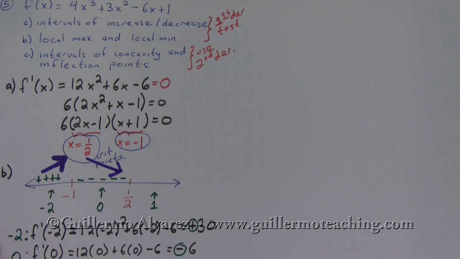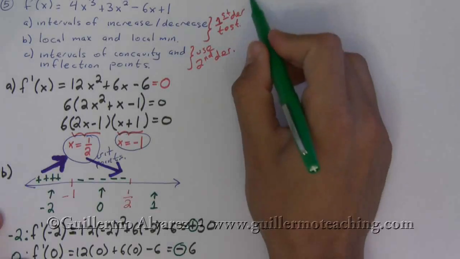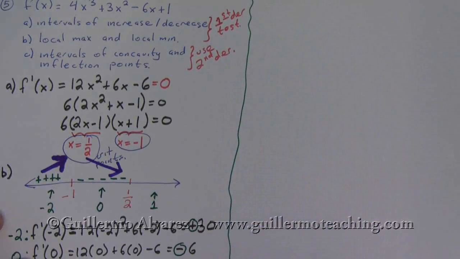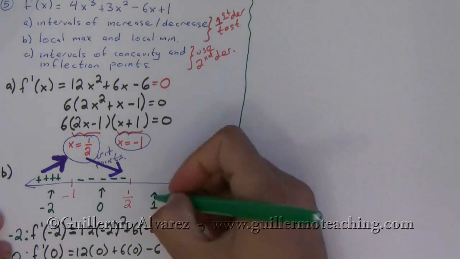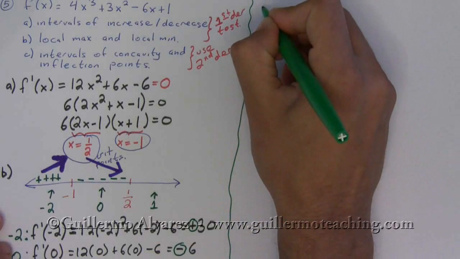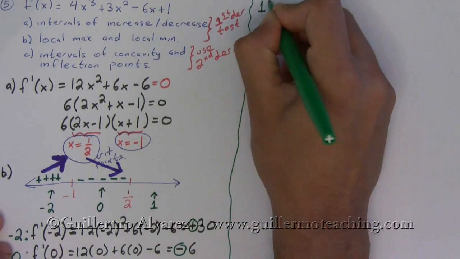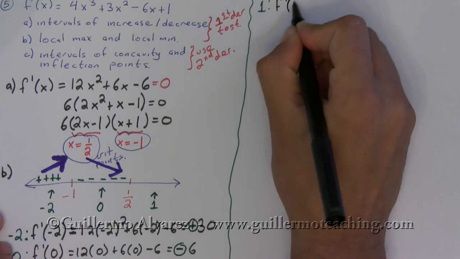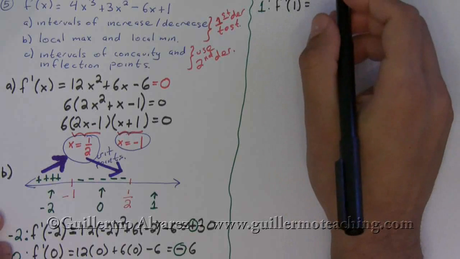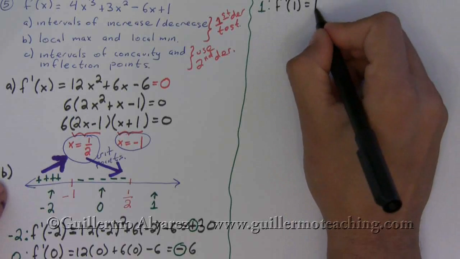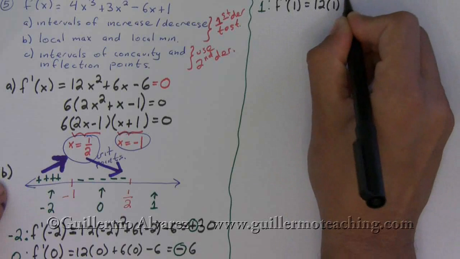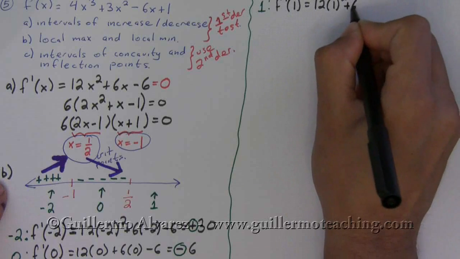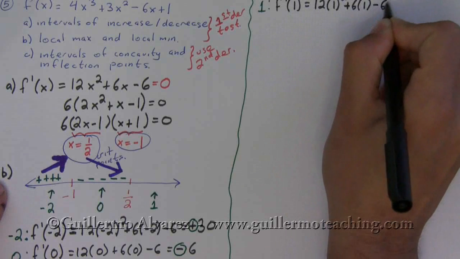Okay, and then the last one. Let me do it over here. I'm going to plug in my other test point, 1. So the derivative at 1 is equal to 12 times 1 squared plus 6 times 1 minus 6.